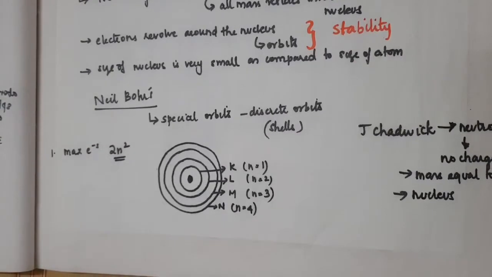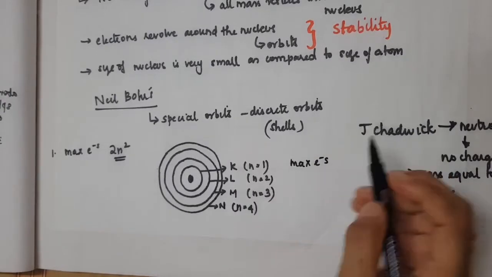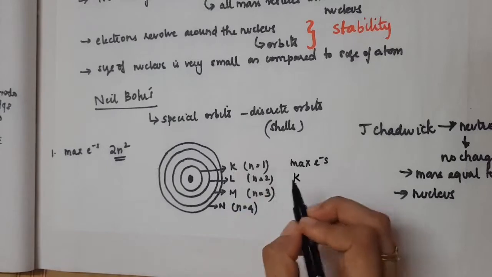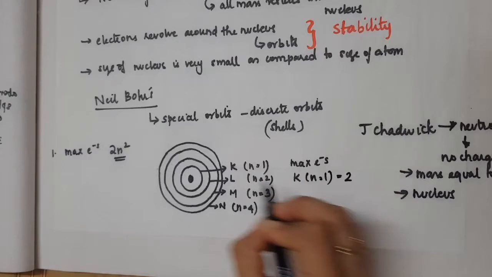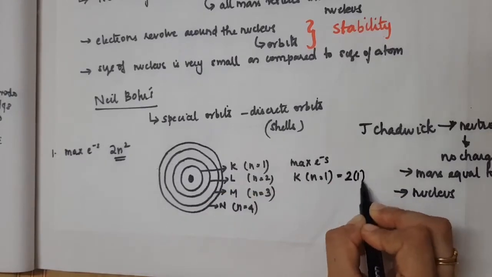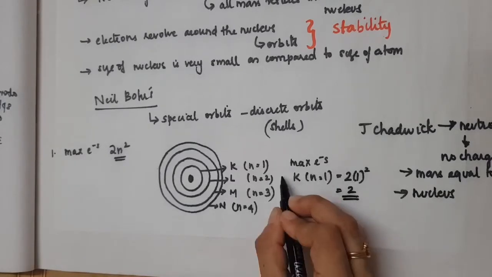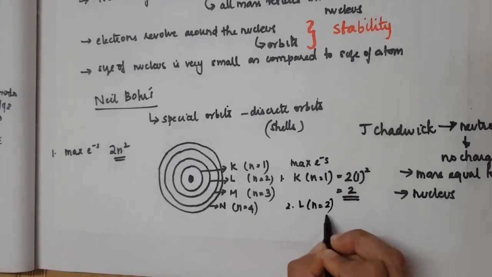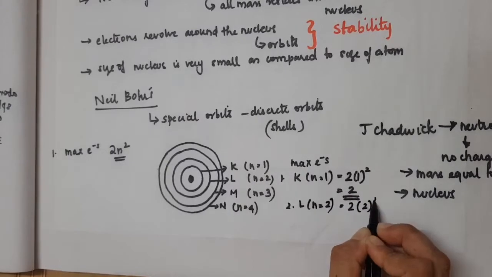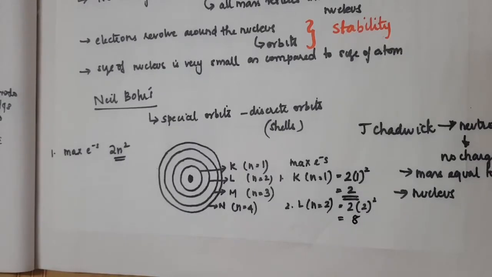So the maximum electrons in the K shell, that is n is equal to 1, will be 2 times 1 square, that is equal to 2. The maximum electrons in the L shell, that is n is equal to 2, is 2 times 2 square, that is 2 times 4, equal to 8.